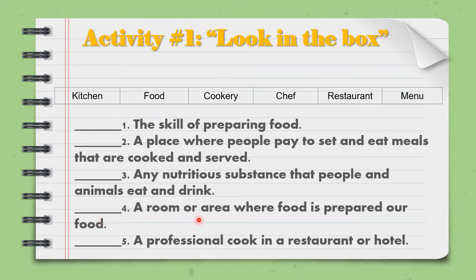Fourth, a room or area where food is prepared. And last number, a professional cook in a restaurant or hotel. Okay, so you have 5 seconds. 5, 4, 3, 2, 1.